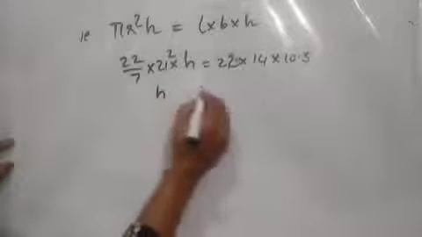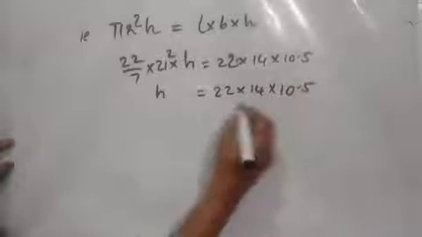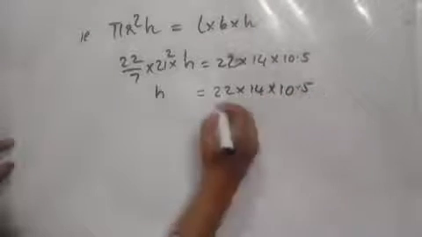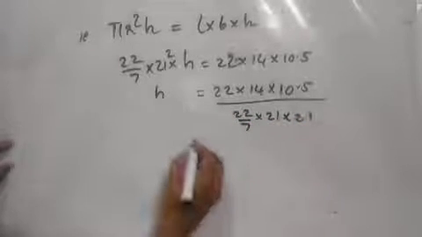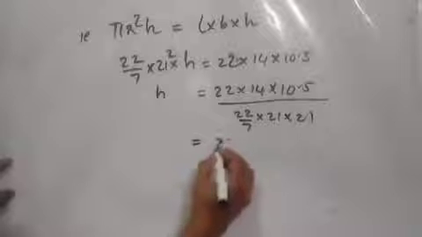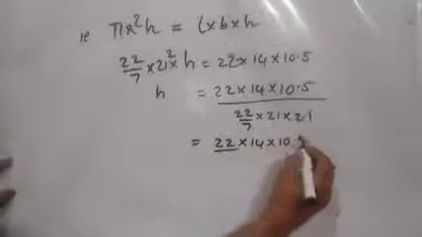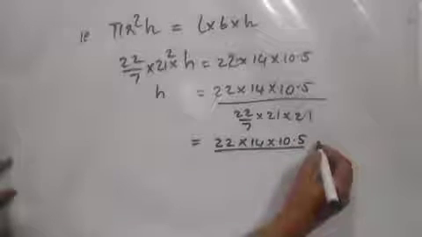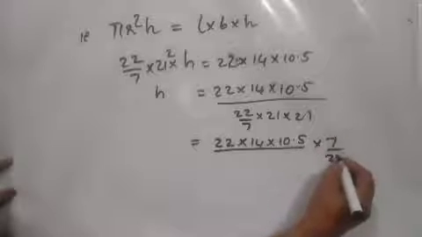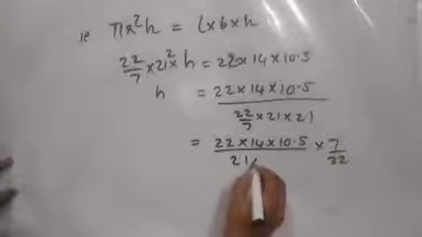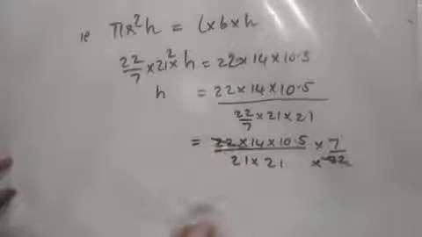Now how can we find h? Yes, write the left side numbers to the right side as divided by: 22 into 14 into 10.5 divided by 22 by 7 and 21 square. 21 square means 21 into 21. Okay, so 22 into 14 into 10.5, multiply by the reciprocal of 22 by 7, it's 7 by 22, and divide by 21 and 21.